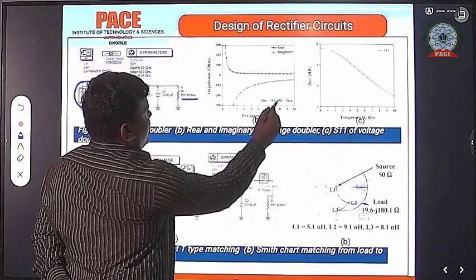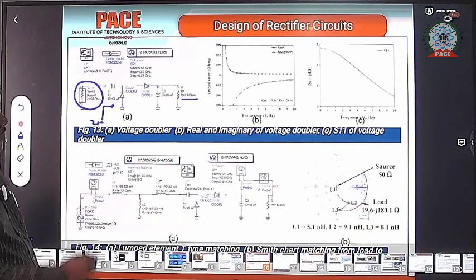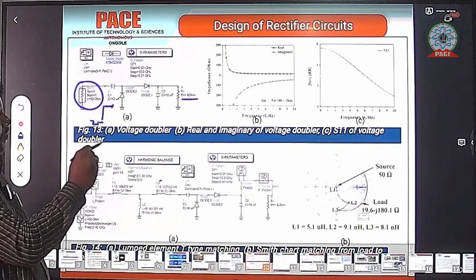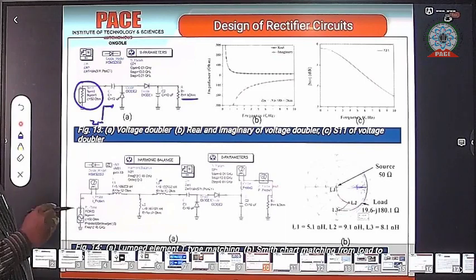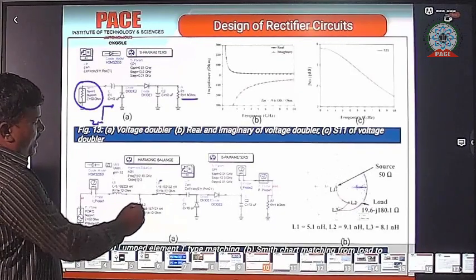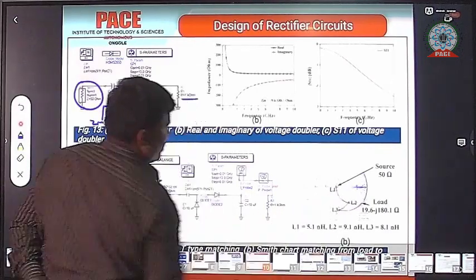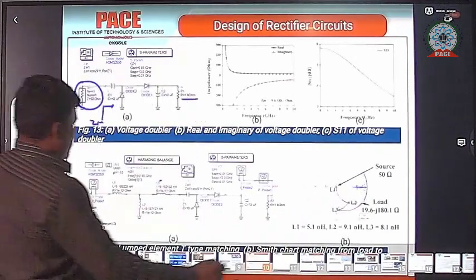So the 19.6 real impedance is converted to 50 ohms. After that, I again used a parallel inductor of 9.18, which is L2, and then a series inductor L1. Now the load impedance equals the source impedance, so now there is maximum power transfer to the load.